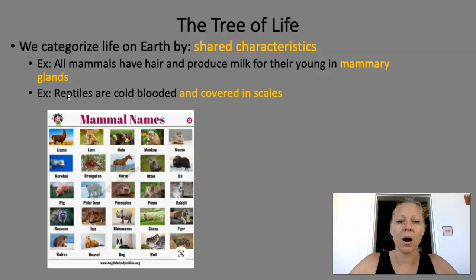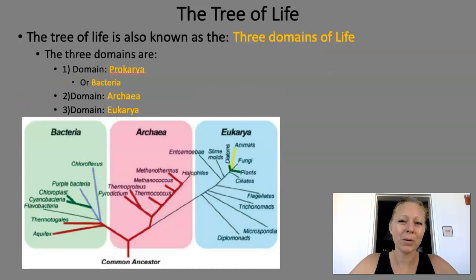Organisms that are cold-blooded and covered in scales are reptiles. So they have common characteristics, and we can put them into categories based on those. What we're going to look at is a very big picture of shared characteristics.